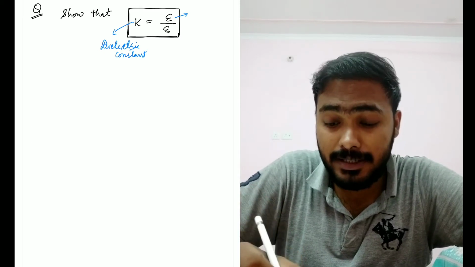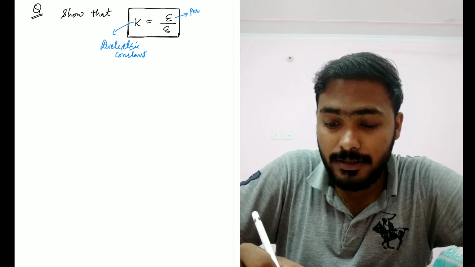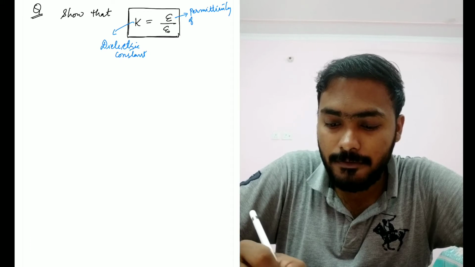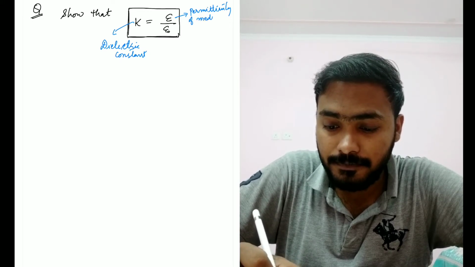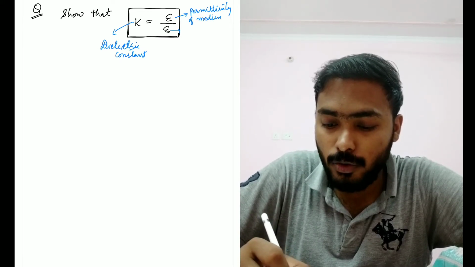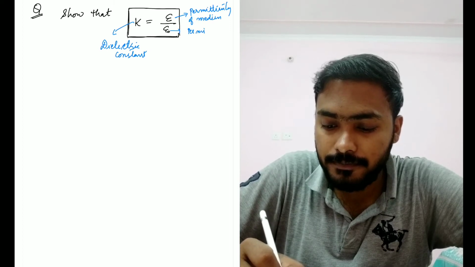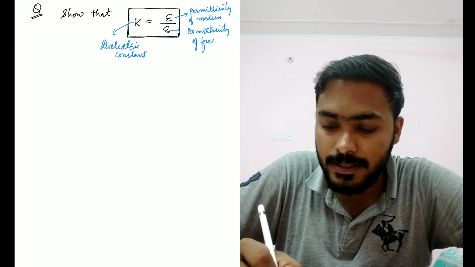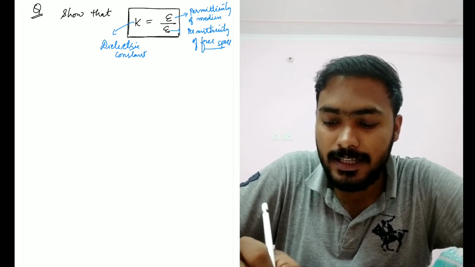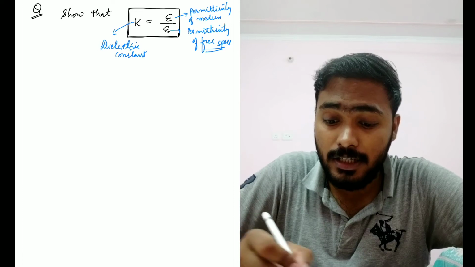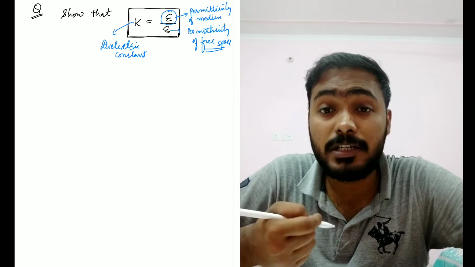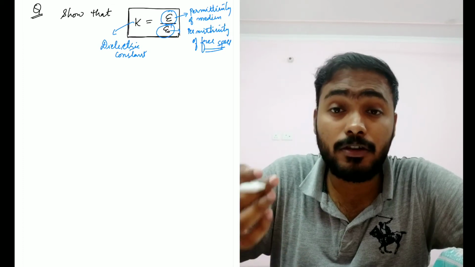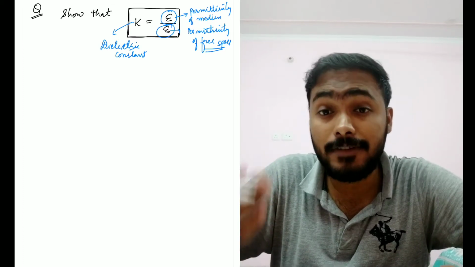If you guys remember correctly, it was the permittivity of medium, right? And epsilon naught was the permittivity of free space. We are actually talking about vacuum, right? So epsilon refers to the permittivity of any kind of medium. Epsilon naught represents the permittivity of vacuum, or you can also call it free space, right?